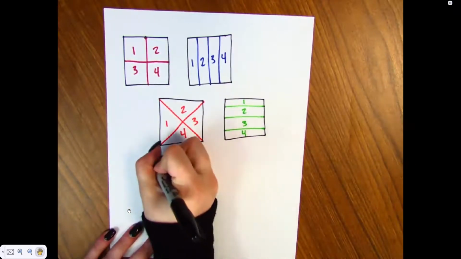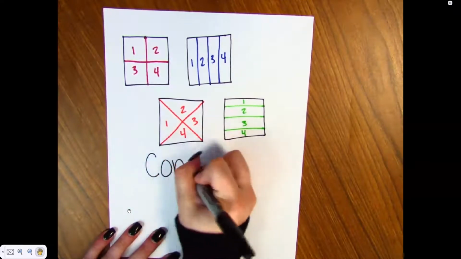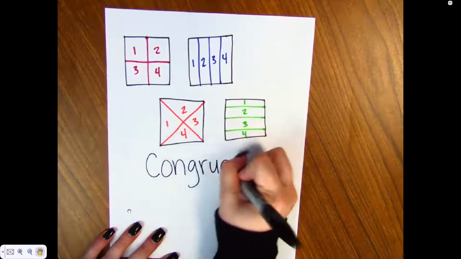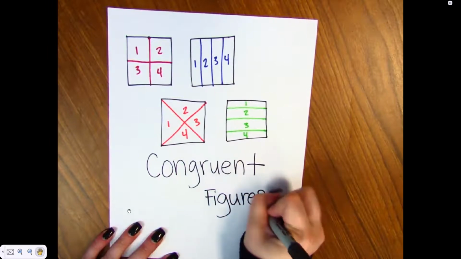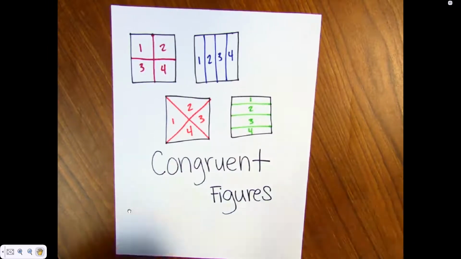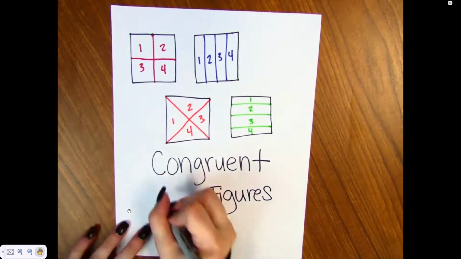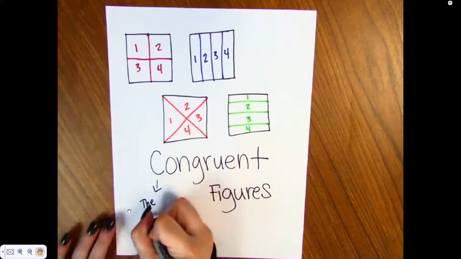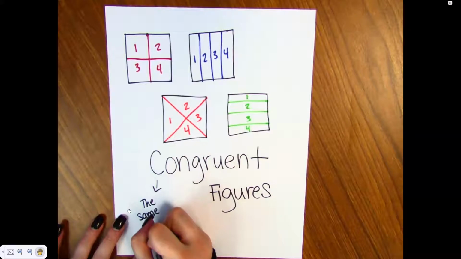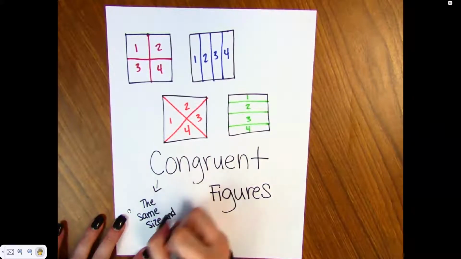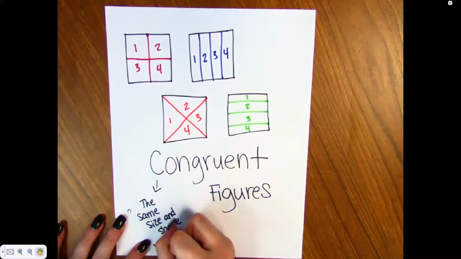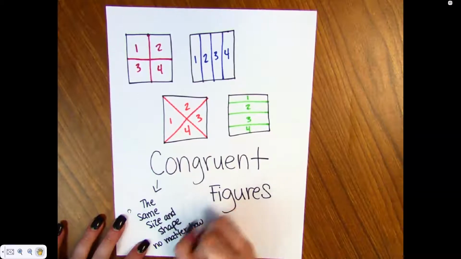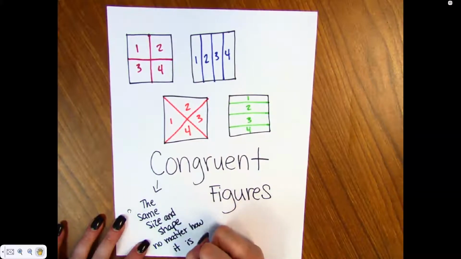So that would make these congruent figures. A congruent figure is when it is the same size and shape no matter how it is divided.